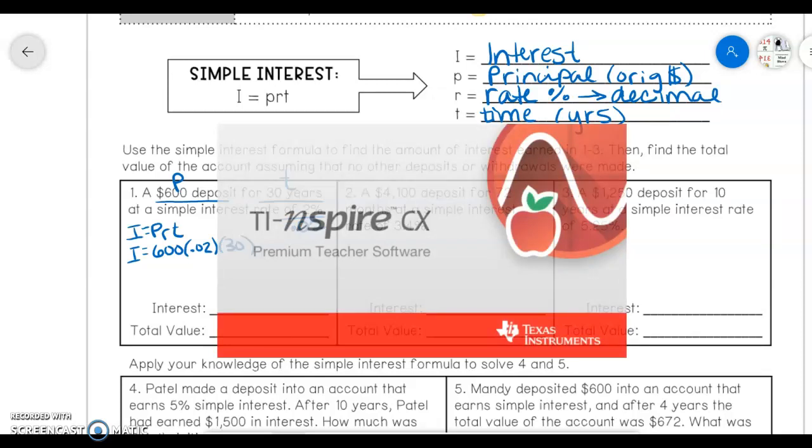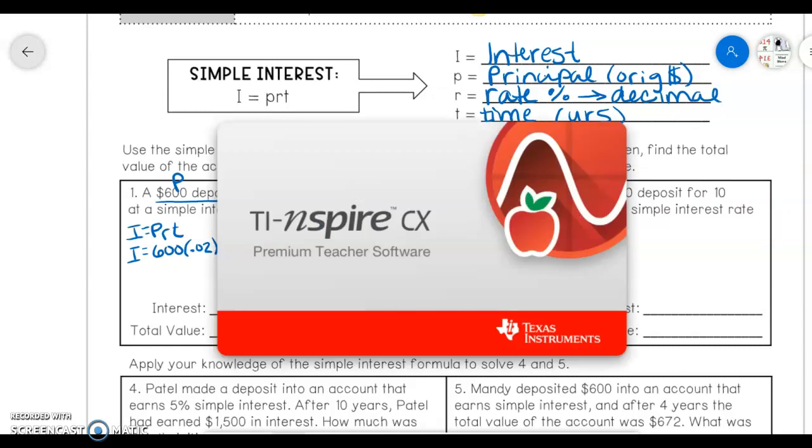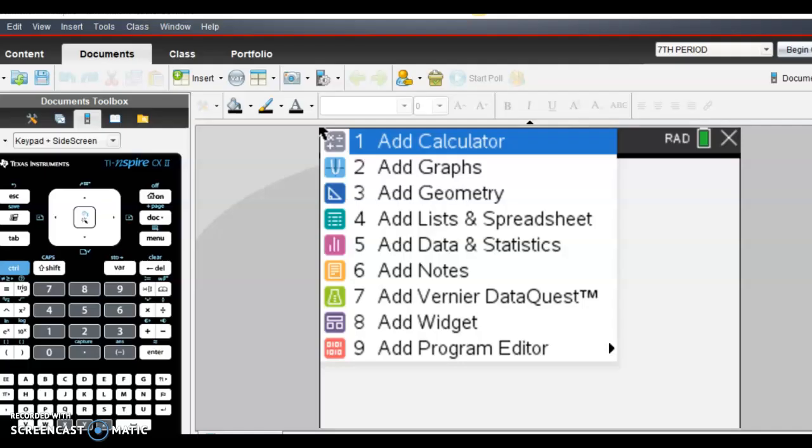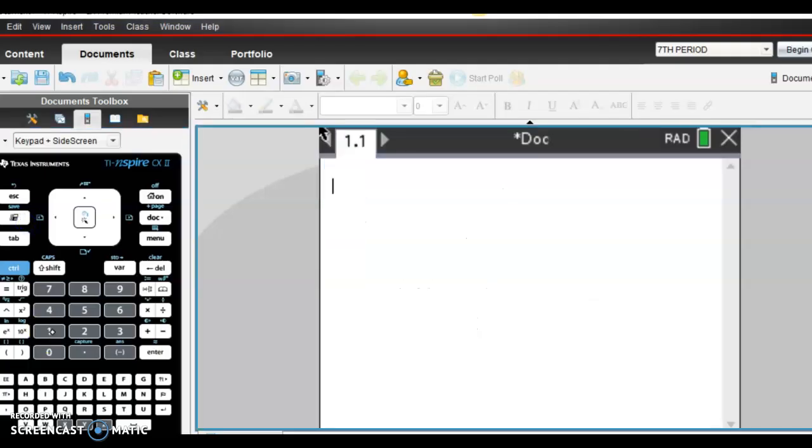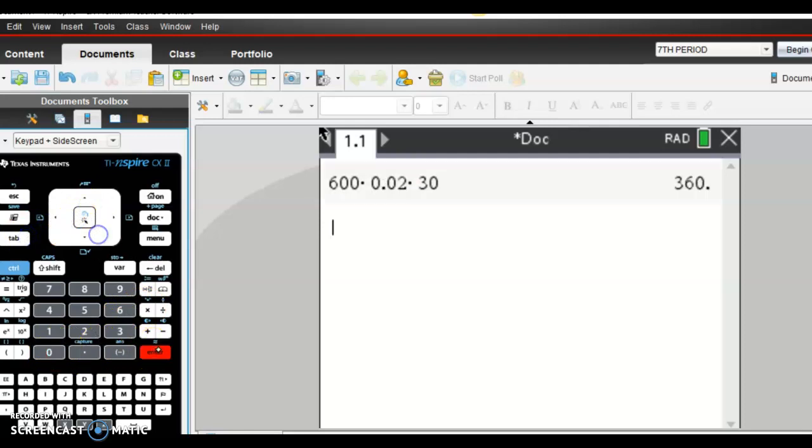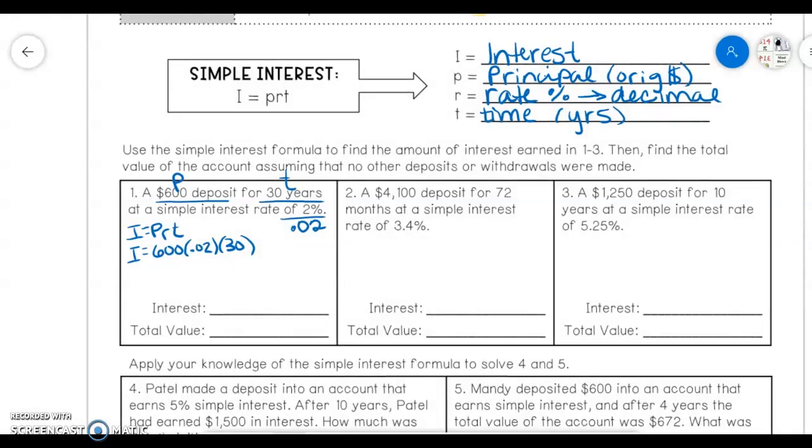So I'm going to open my calculator so we can go ahead and plug these in. It's just going to take a minute. So here's our calculator. We're going to do 600 times 0.02 times 30. And we get an interest amount of $360.